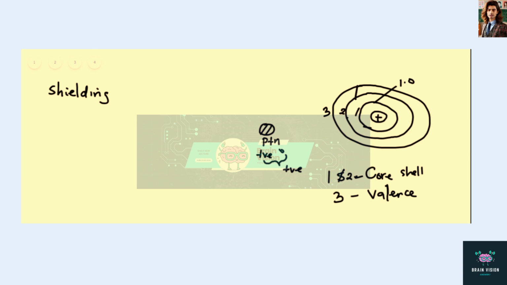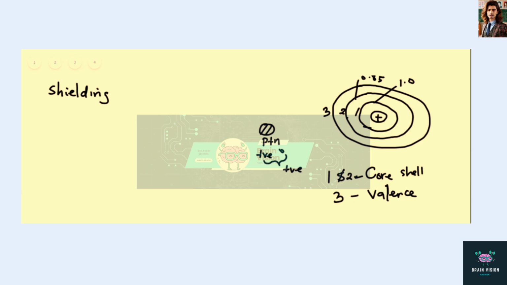For the second shell, I think it's like 0.5, 0.85, and so on and so forth. So you observe that as you go further out from the nucleus, the screening constant is decreasing. And likewise, the effective nuclear charge also decreases with the distance you travel away from the nucleus.